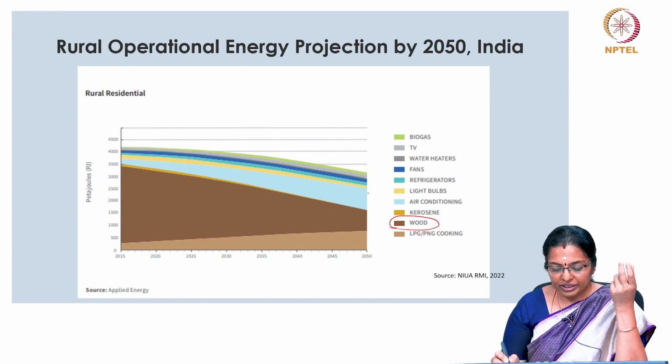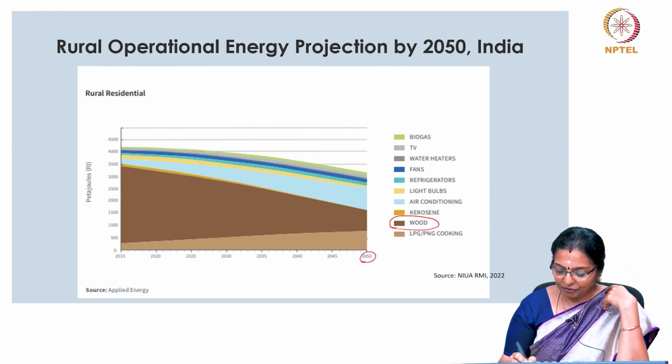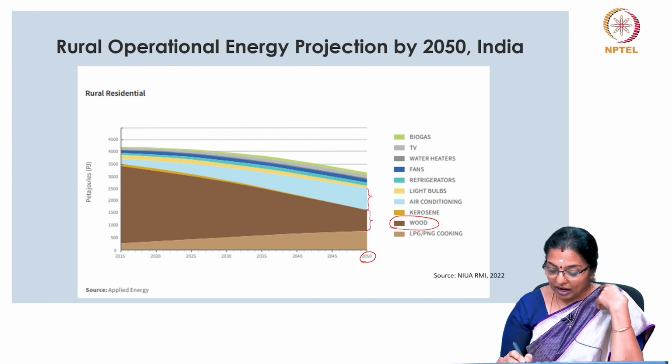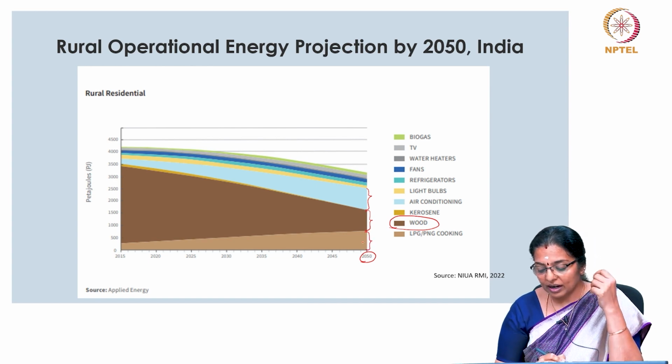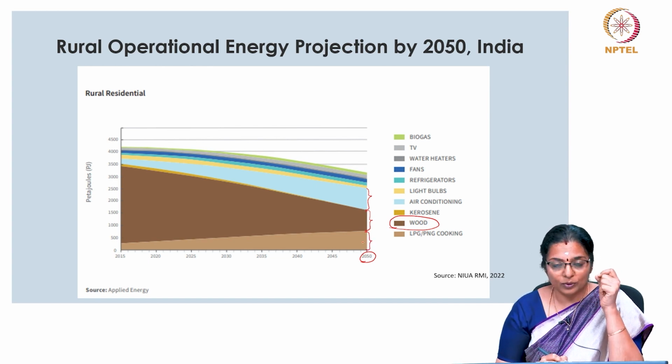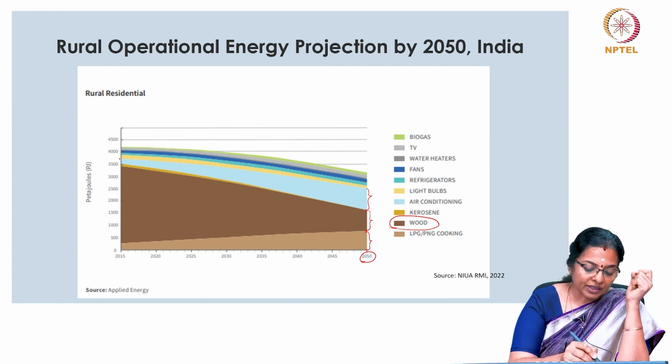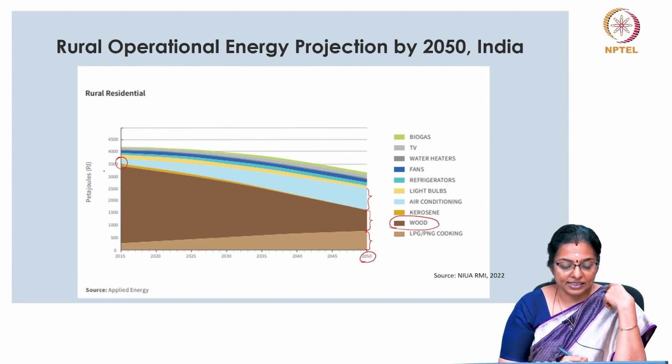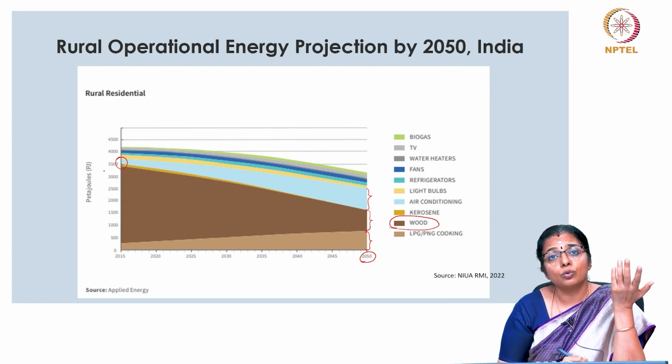And it is also projected by the year 2050, air conditioners and wood, along with cooking with LPG gas, all three are going to contribute equally, which means right now where the load due to air conditioner is very less, that is going to increase 4 times or even 5 times by the year 2050, even in rural areas.